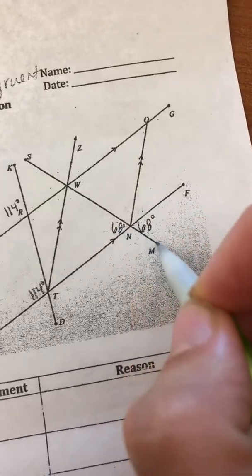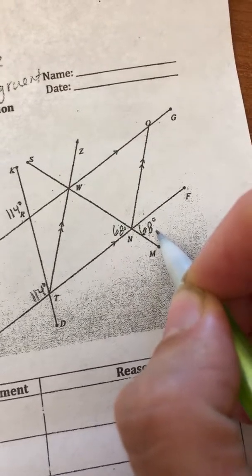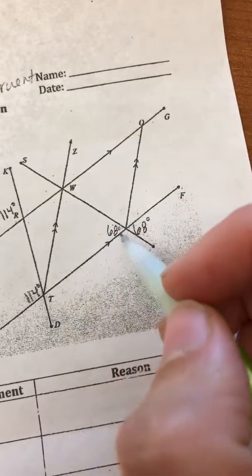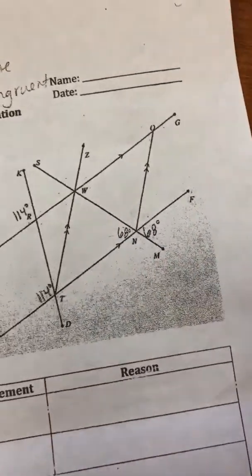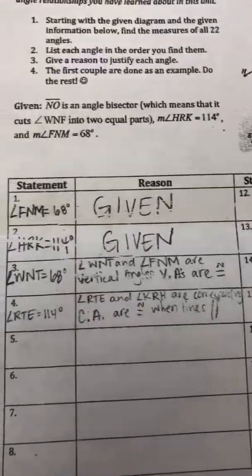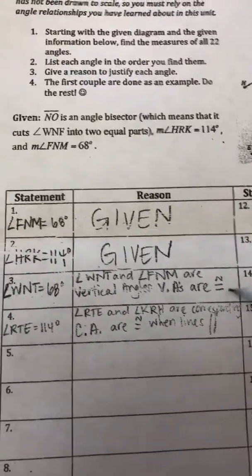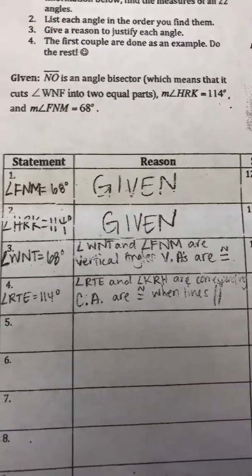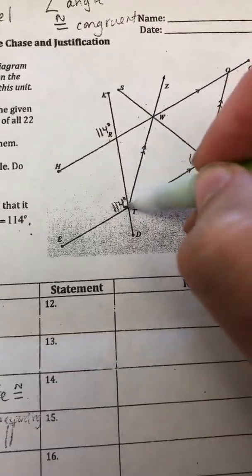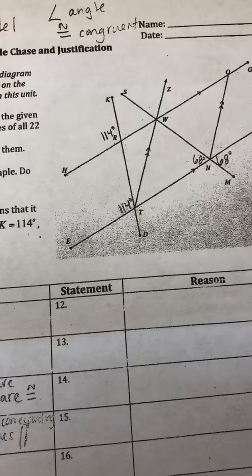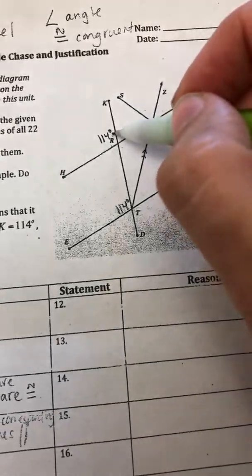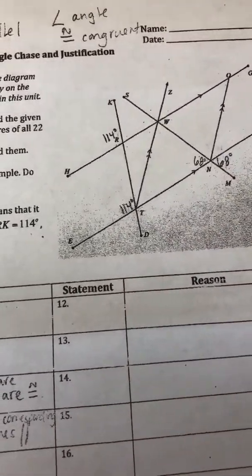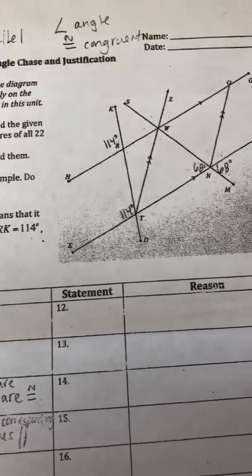So if FNM is 68 degrees, its vertical partner, WNT, is also 68 degrees because they are vertical and vertical angles are congruent. Okay? And so then from there, I went and I found angle RTE. I know angle RTE because it is corresponding with my given angle. Corresponding angles, of course, are congruent when lines are parallel. So that's where this reason came from.